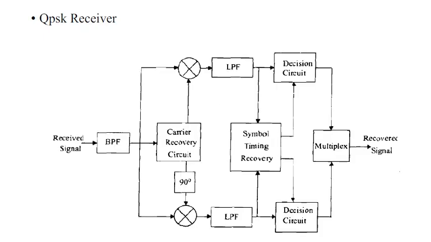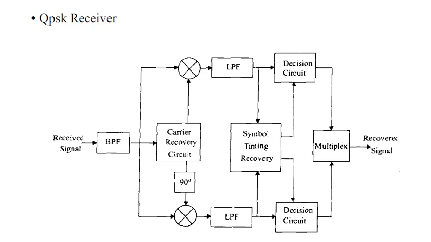Then the QPSK receiver: the received signal, with errors, is given to the band pass filter. This filter separates the two signals, the odd and even symbol streams, and the carrier recovery circuits apply a 90 degree phase shift to the odd or even symbols. Then the low pass filter output is sent to the symbol timing recovery block.